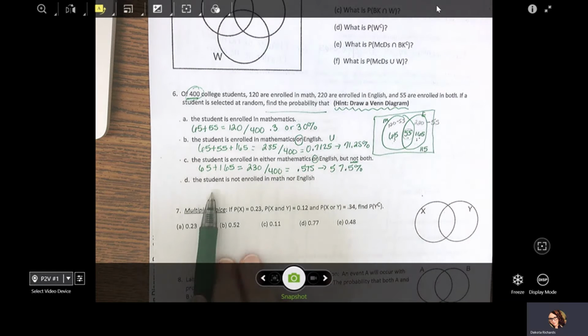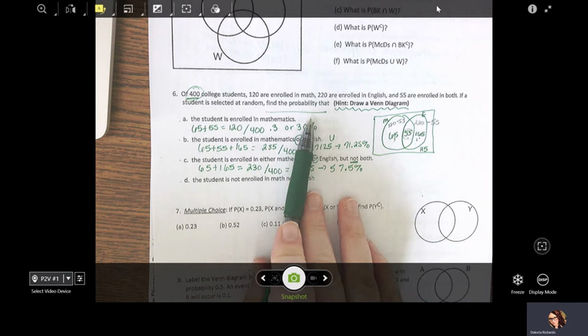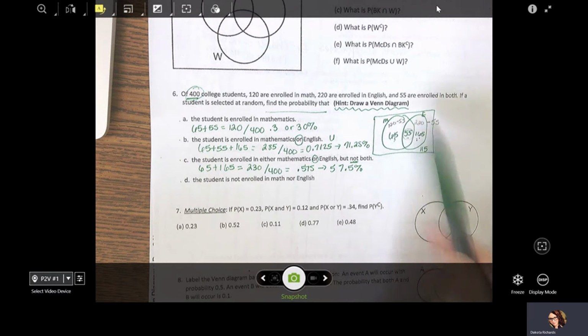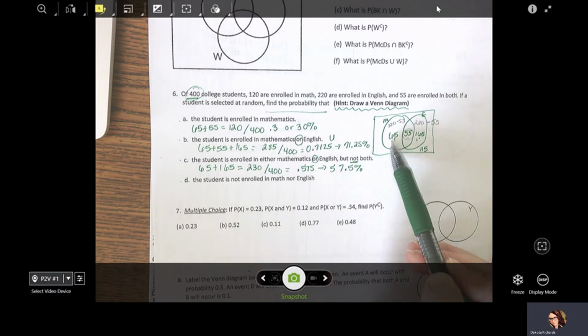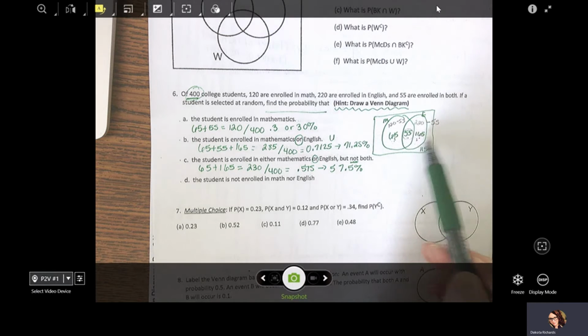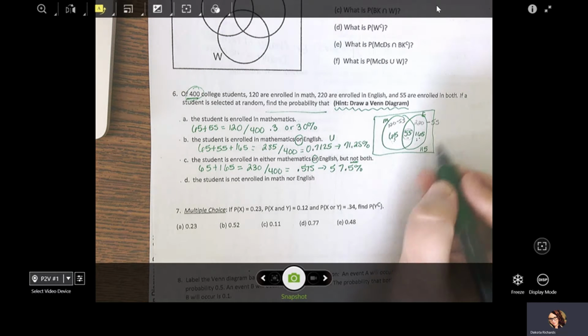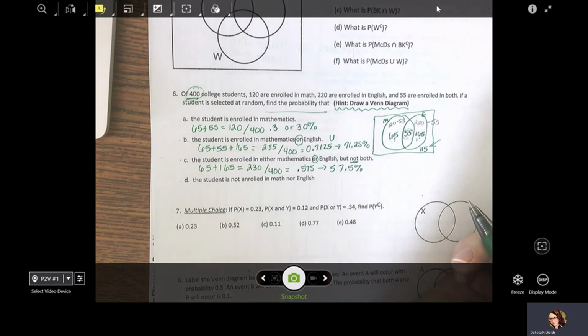Okay. And then part D, find the probability that the student is not enrolled in math nor English. So they're not in either one. So they can't fit in either one of these bubbles. 65 is in this bubble, 55 is in this bubble, 165 is in that bubble. So the ones that are not in either of those would be this 115 number.